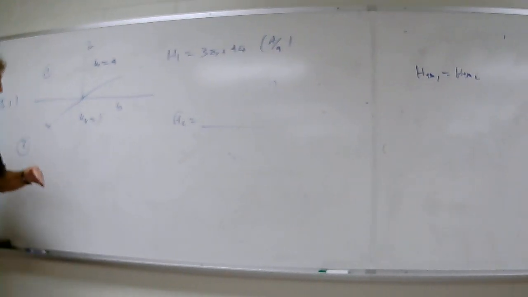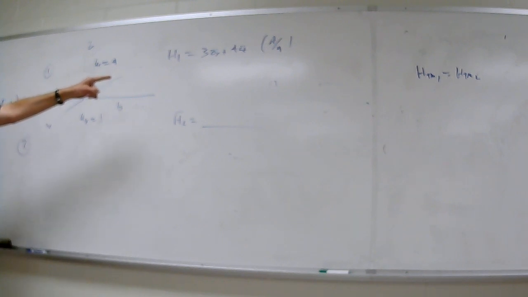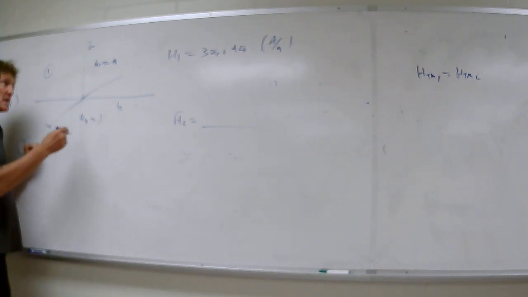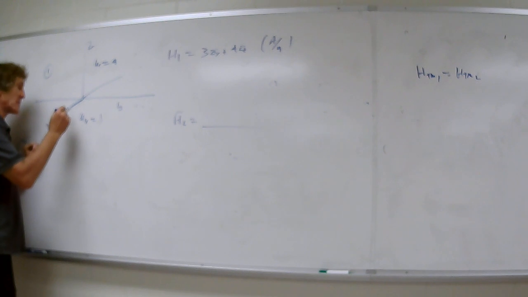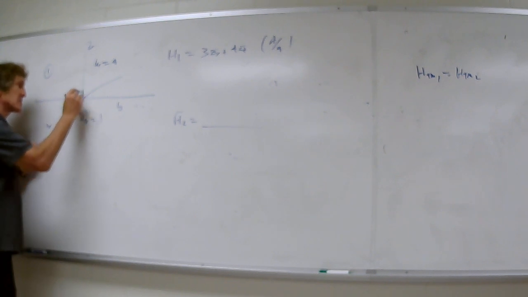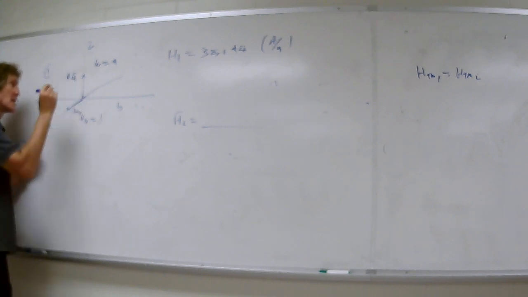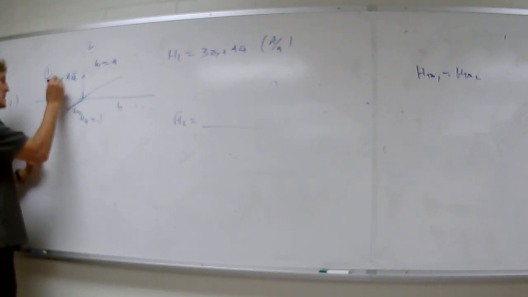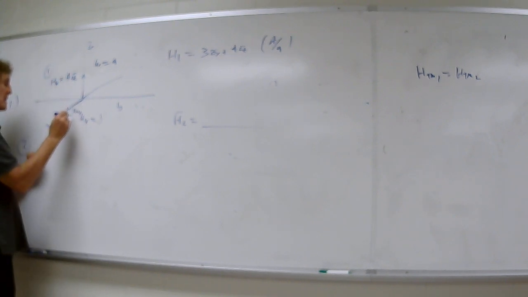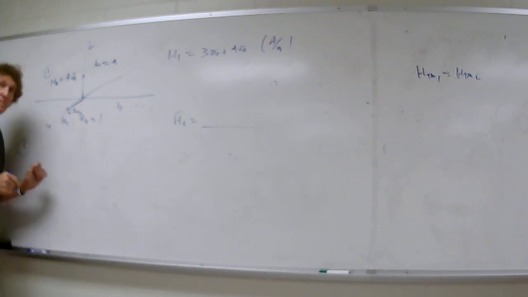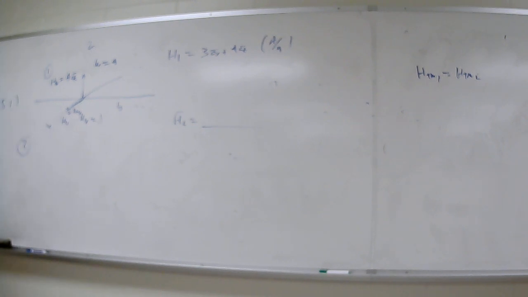So what is the tangent H field? If H1 is 3AX plus 4AZ, there's a 3AX component and a vertical component of 4AZ. This would be HZ, and this would be HX. Which one's tangent? It would be HX.